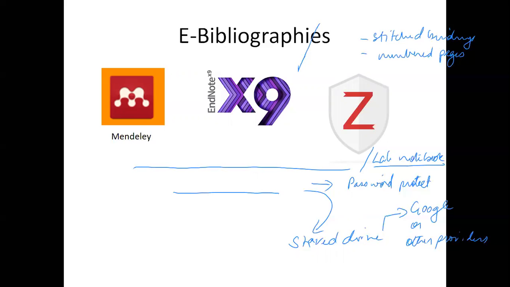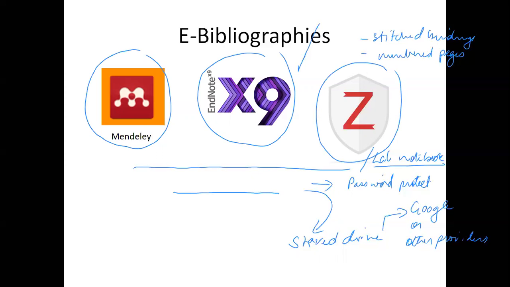This is called Mendeley. This is EndNote. And the third one is called Zotero. Both Mendeley and Zotero are completely free. EndNote is a purchase subscription, but most universities will have a subscription that's offered to students quite readily.